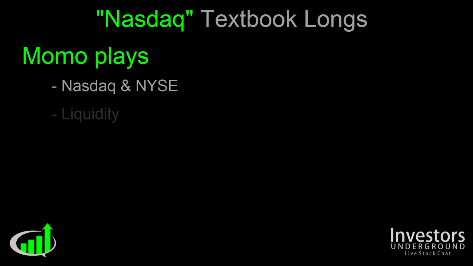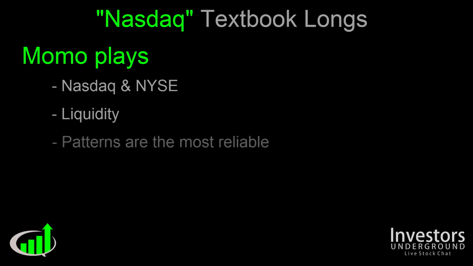As we talked about in the previous couple of lessons, liquidity is super important when looking at stocks to trade. We find that the NASDAQ and NYSE exchanges give us the best selection of liquid stocks and momentum plays, and as the patterns are forming, they're the most reliable ones that end up fulfilling what they set out to do.